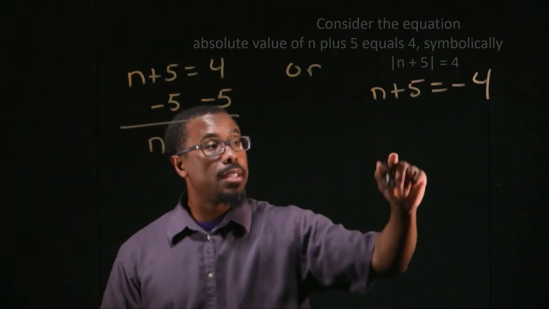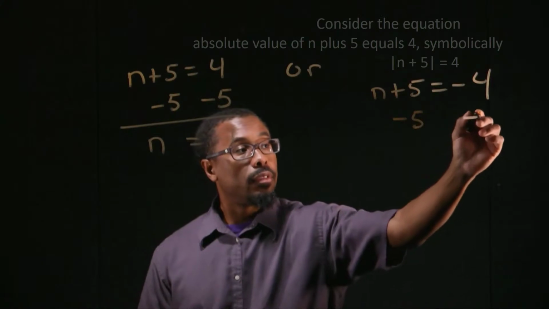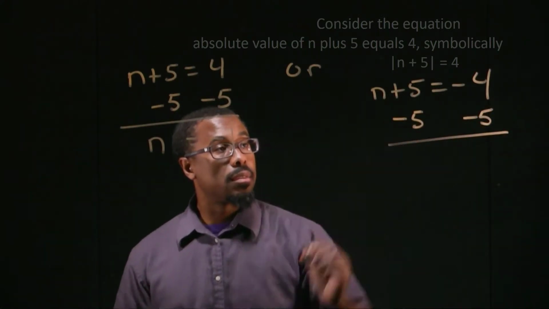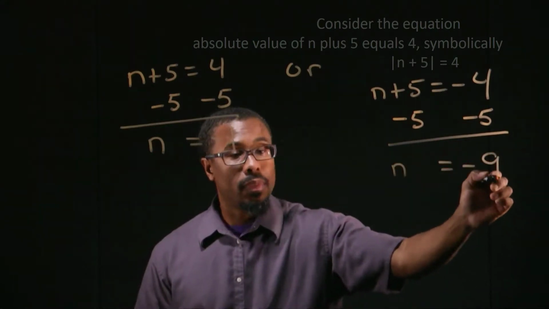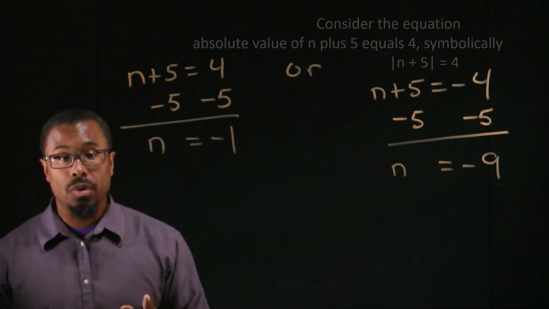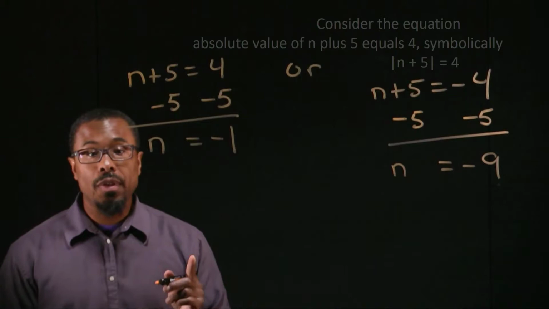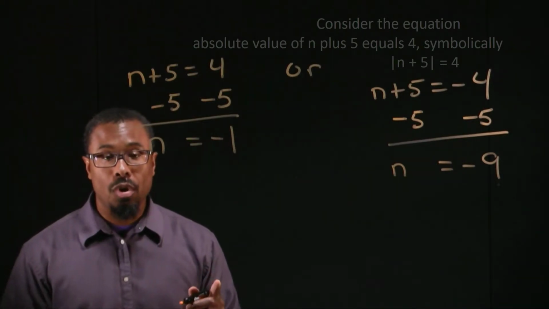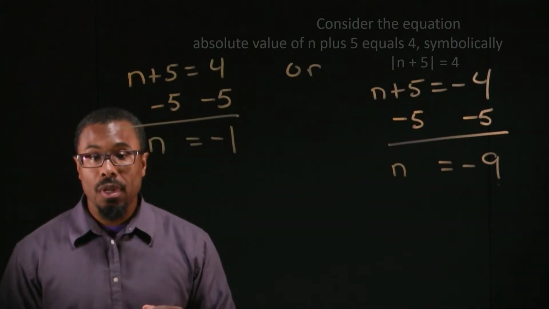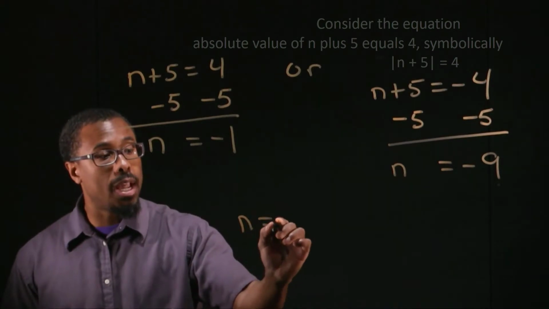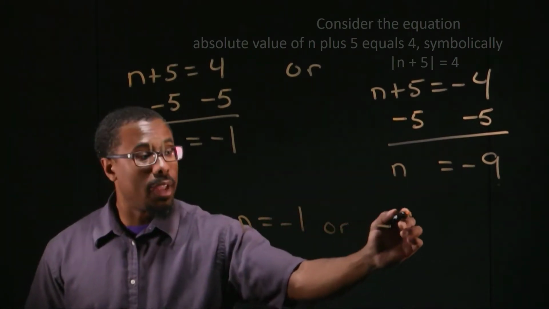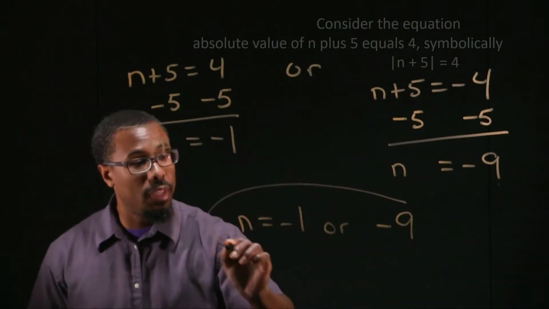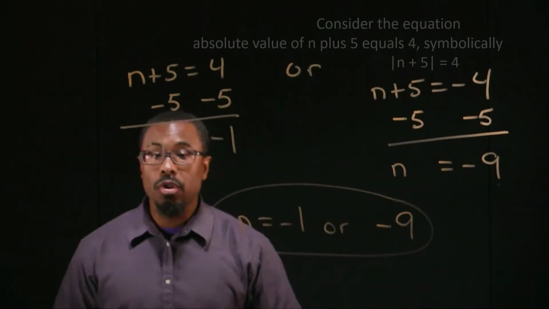To get back to this number, we subtract 5 from both sides, and n is equal to negative 9. So in this case, we have two solutions: n equals negative 1 or negative 9.